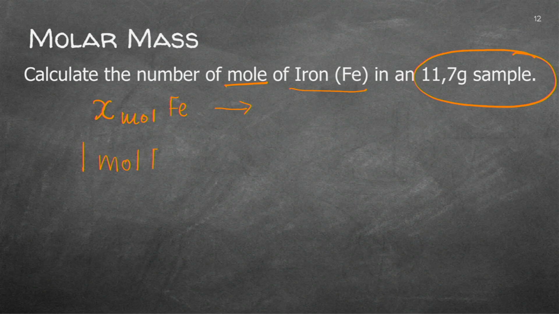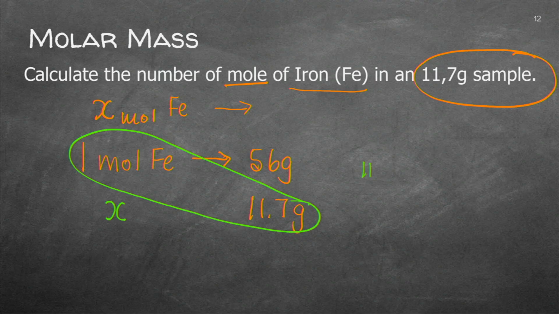If you have a look on your periodic table, you'll find 1 mole of iron weighs 56 grams. But they didn't ask me 56, they actually said 11.7 grams. Exactly the same procedure. I want to find X. So it's 11.7 times the 1 divided by the 56.